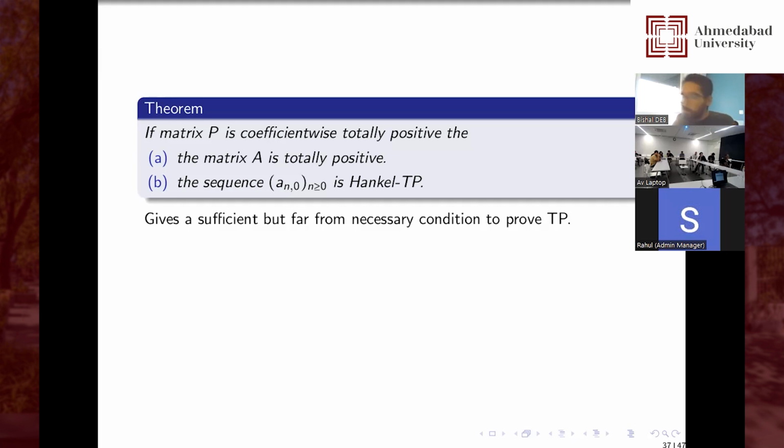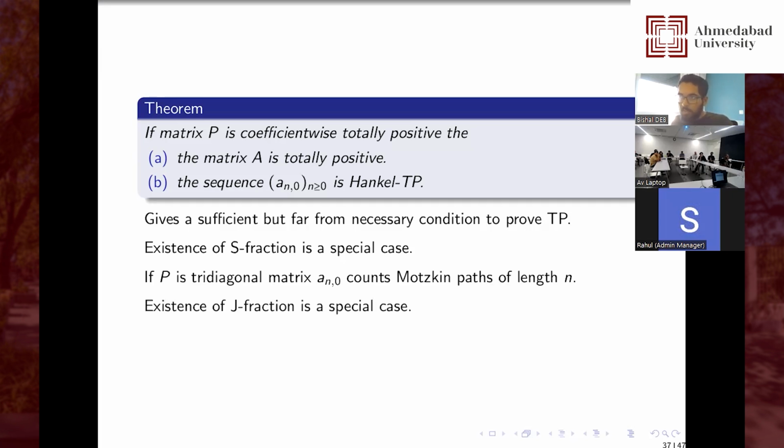It does not prove all the examples that we have, all the conjectures that we have. And whatever I have mentioned, other than Thron type continued fractions, all the previous ones are special cases. In fact, if this production matrix is a tridiagonal matrix, this statement actually boils down to the result on J fractions that I mentioned two slides ago.